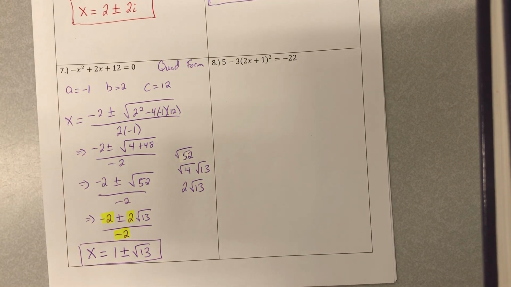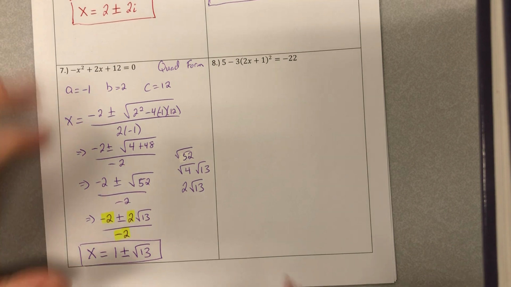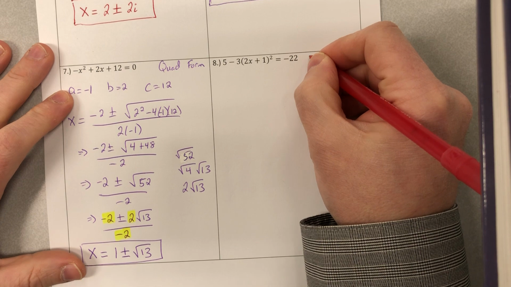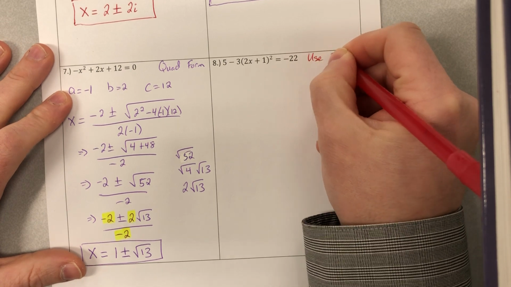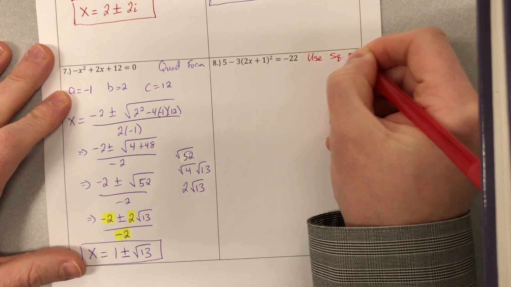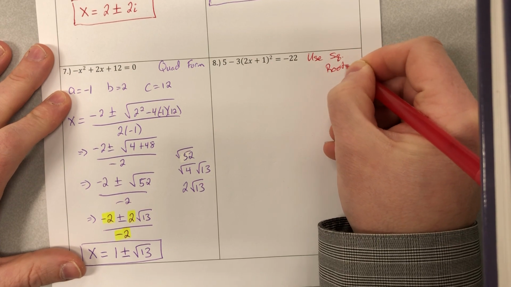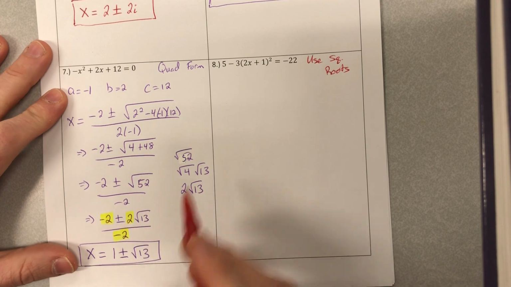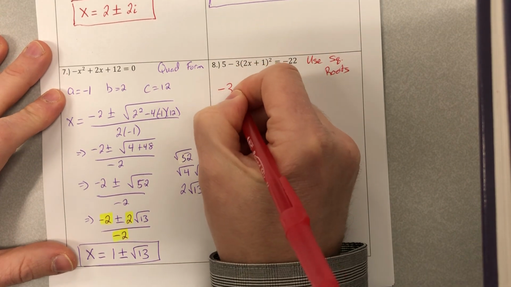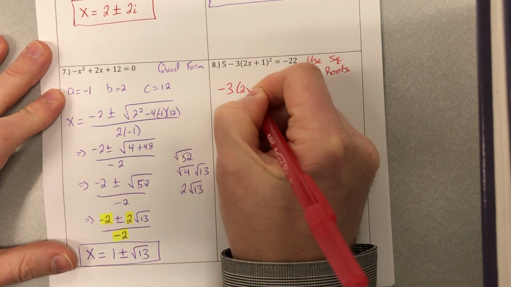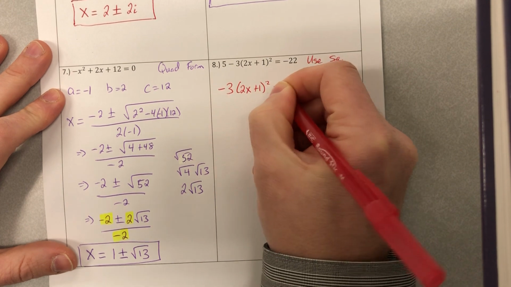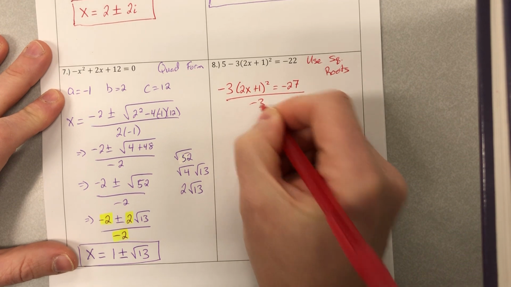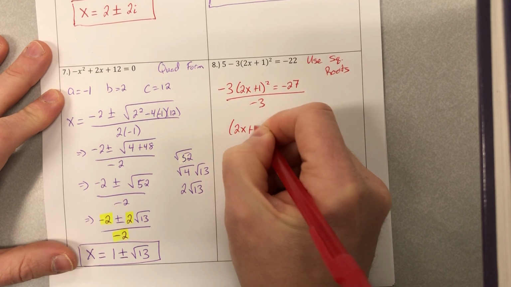All right. Our last one, if we notice here, we have a quantity that's squared. Anytime we see that and no x term, we're going to use square roots. To use square roots, we need to get the term that's squared by itself. So our first step is to subtract the 5. We need to divide everything by −3.